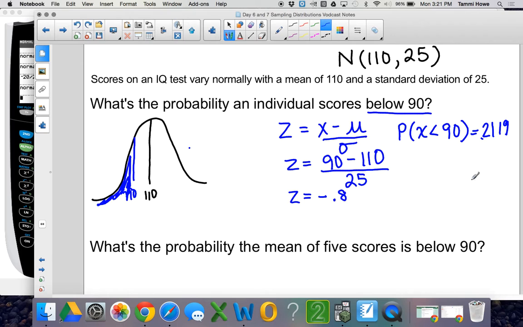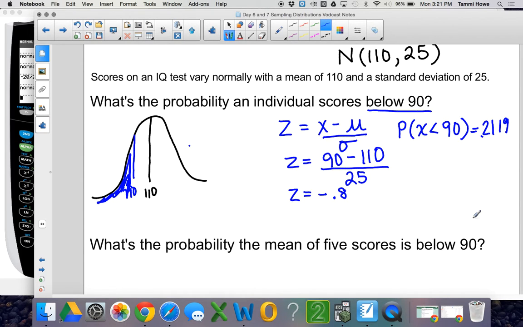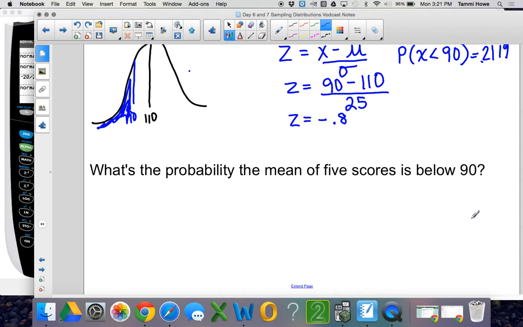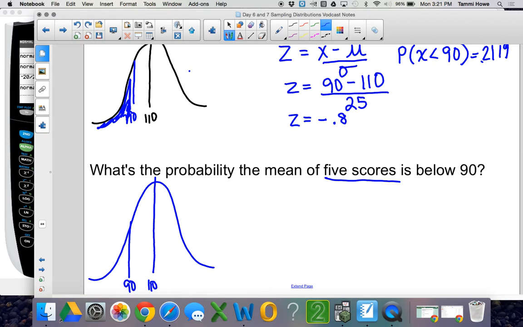Okay, now what we want to do is apply the central limit theorem. So the central limit theorem says, let's up the sample size. We're going to up the sample size to 5 scores. So the picture is going to look the same. The picture is going to be 110. We're going to put 90 on here. We're going to shade. The formula is going to be slightly different though.